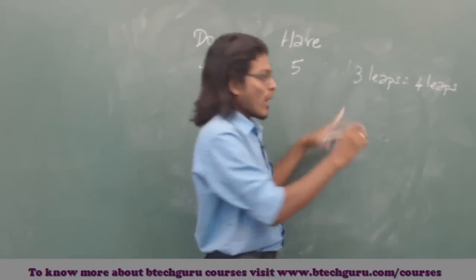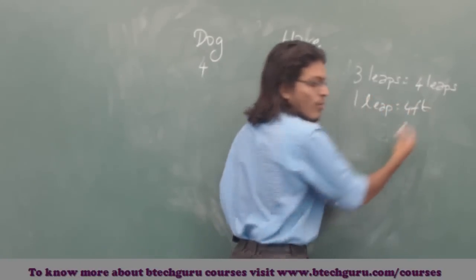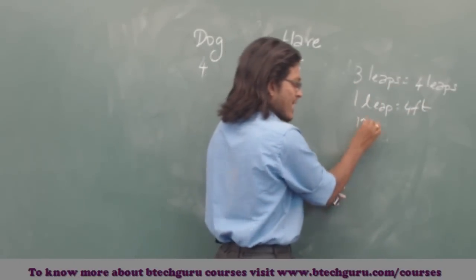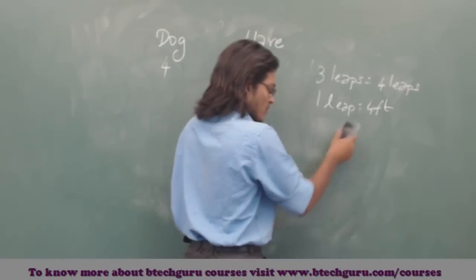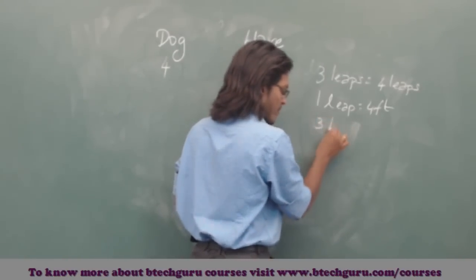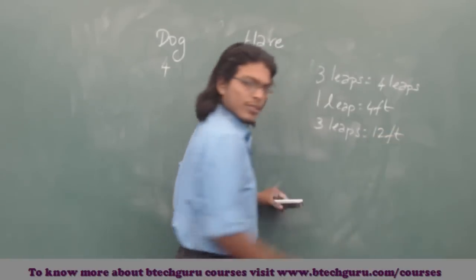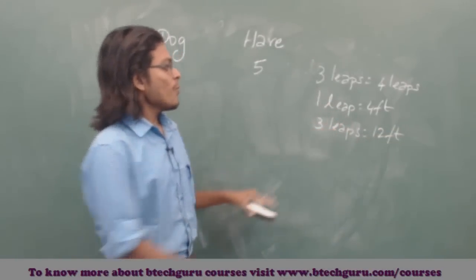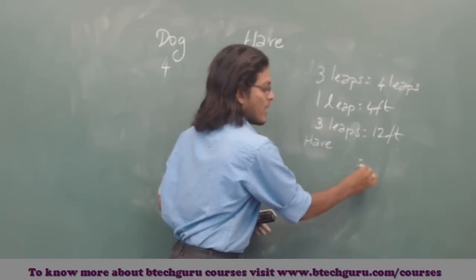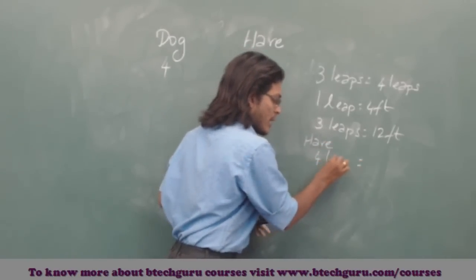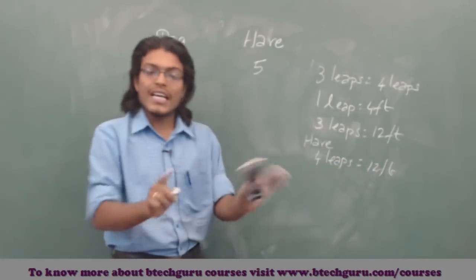Say the dog in 1 leap covers 4 feet. So in 3 leaps it will cover 12 feet. Right. Now the hare in 4 leaps covers the same distance because they said it is equal.